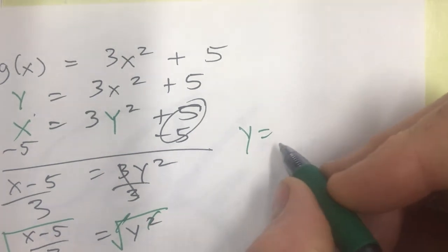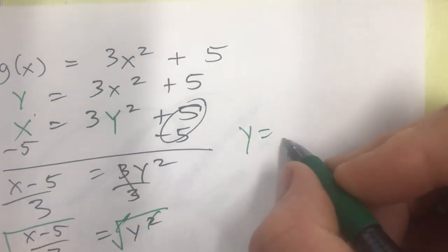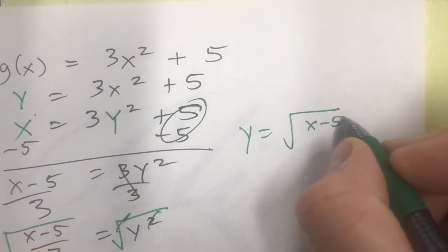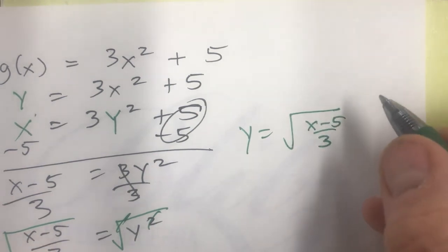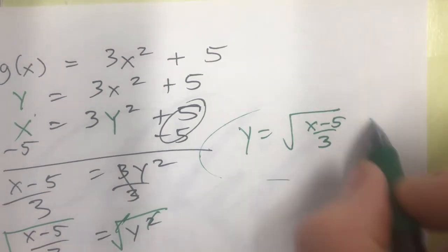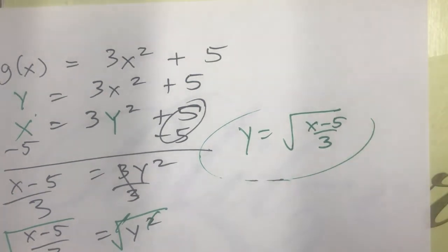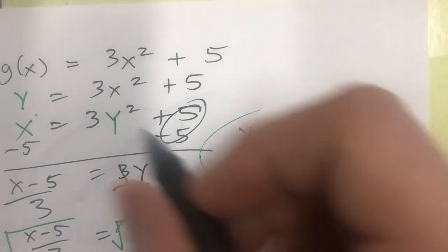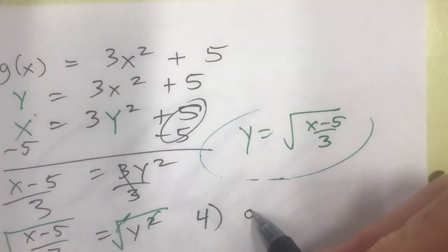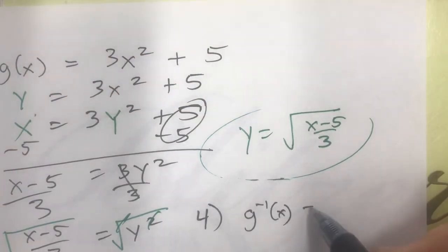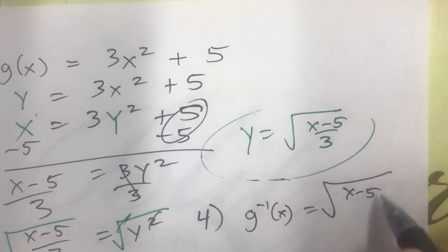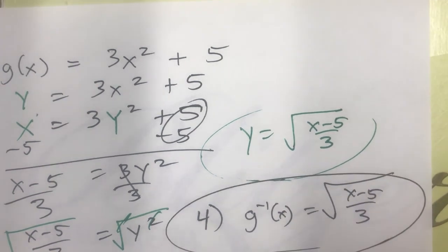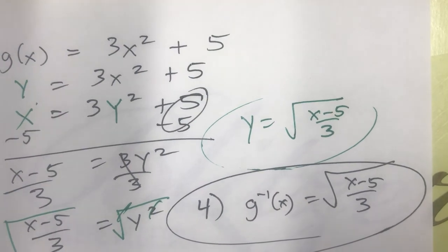But it's going to be y equals, and over here I got the radical x minus 5 all divided by 3. And there you go, I solved for y. So now, step 4, I changed this to f inverse, which this was g function, so it's going to be g inverse of x equals all this. And there you go, there's my inverse.